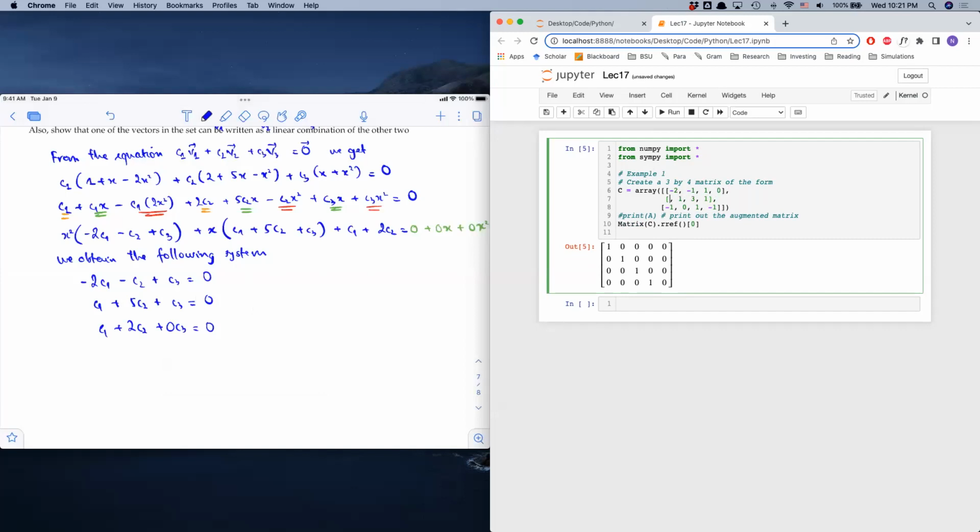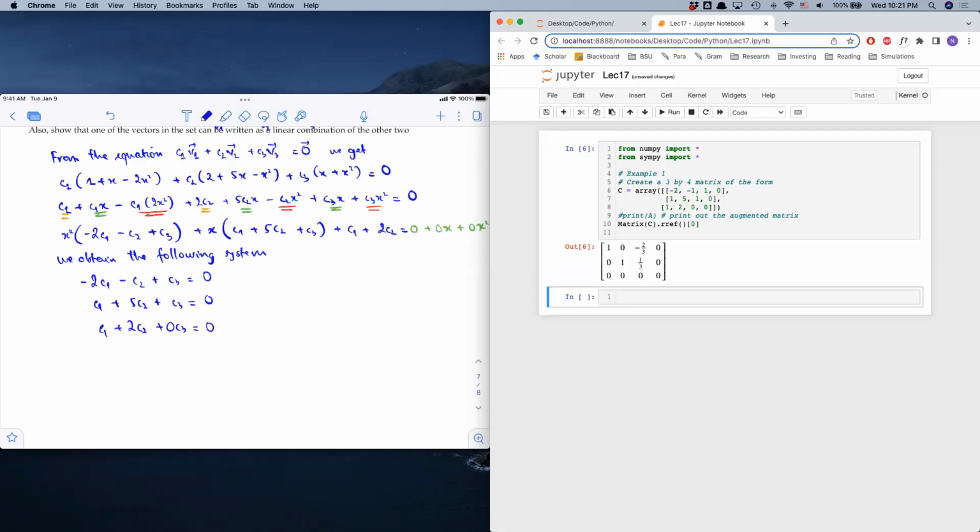The second row is 1, 5, 1, and 0. And the third row is 1, 2, 0, and 0. All right, hit Shift Enter.